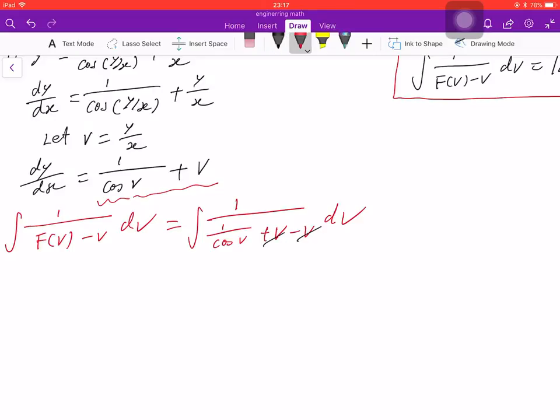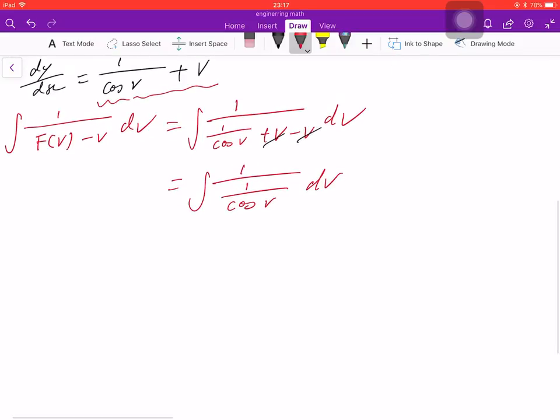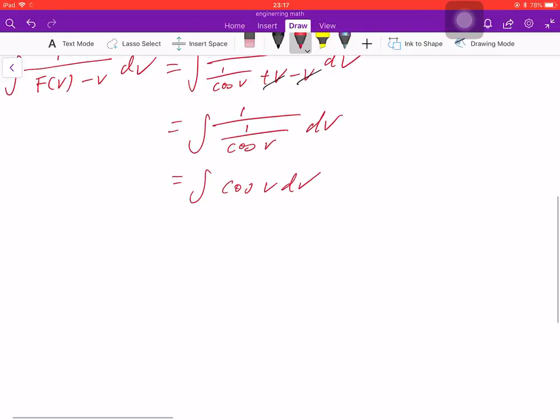So over here we have 1 divided by 1 over cosine v dv. So this is equal to cosine v dv. So we are integrating cosine v. This gives us sine of v. Okay, sine of v. So this is our result of integration on the left hand side.